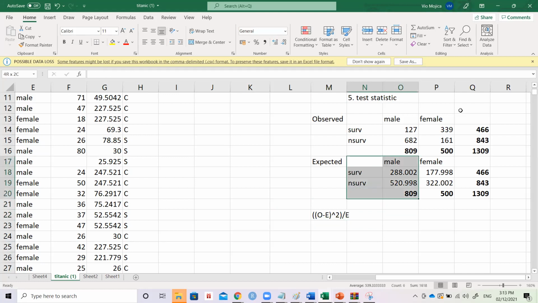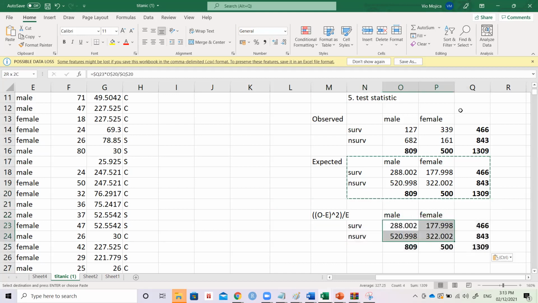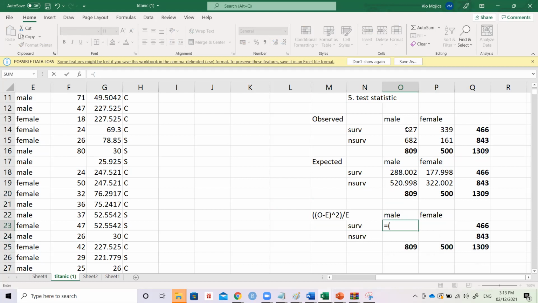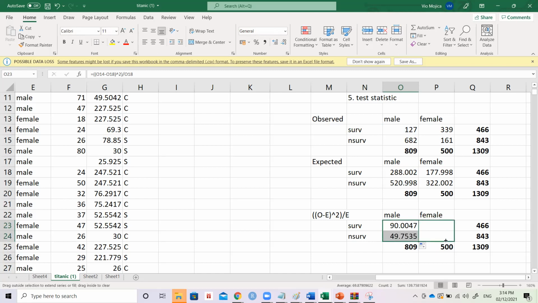Same table, but instead of observed and expected, that's going to be (O minus E) squared all over E. That's it. Yun yung hinihingi sa atin. Let's try fixing yung mga parentheses. So, still correct. We can drag them down and drag them sa right so that we'll have these cells.